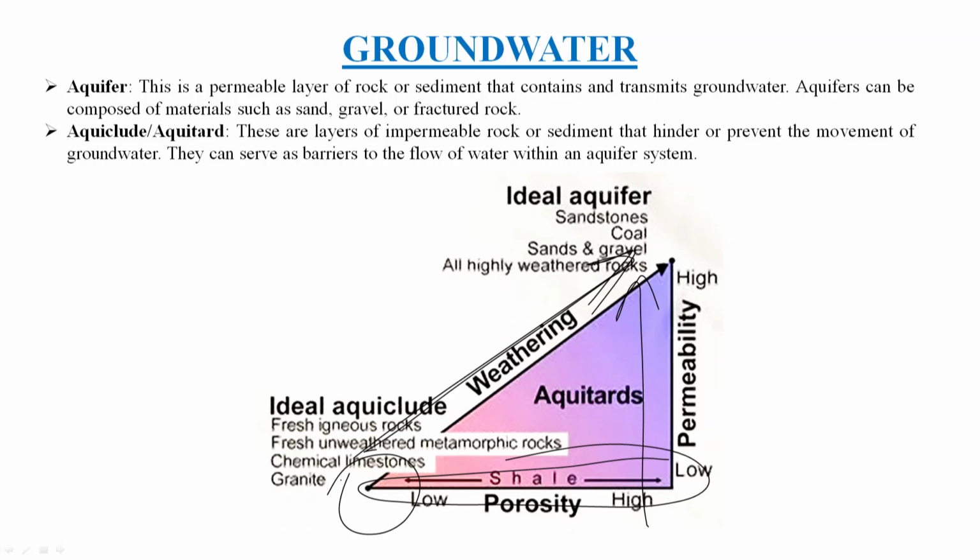So there is almost no permeability in shale, but very high porosity. That's why it is not an ideal rock from which to extract groundwater, because though it can store groundwater, it will not transmit it. So that is a problem with shale.